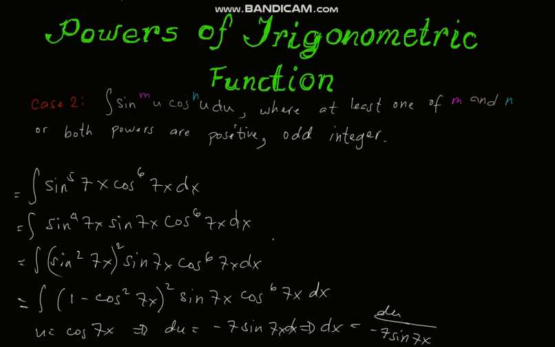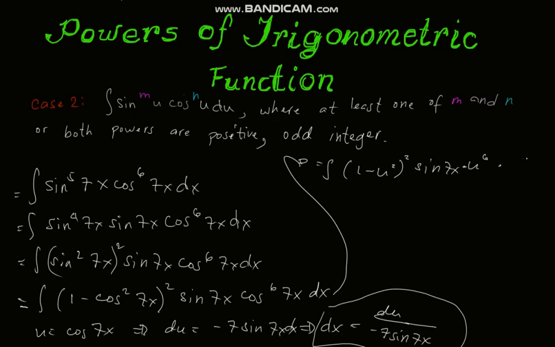Okay, so this becomes 1 minus u squared, sine 7x, then u raised to 6, since cosine 7x is just equal to u. Our dx then, we're going to substitute with du over negative 7 sine 7x.